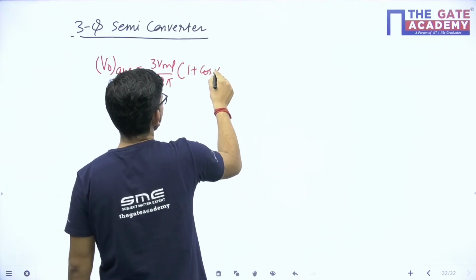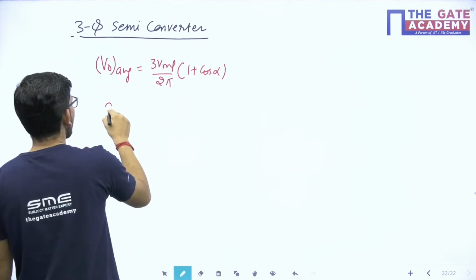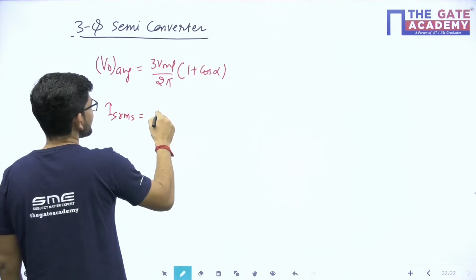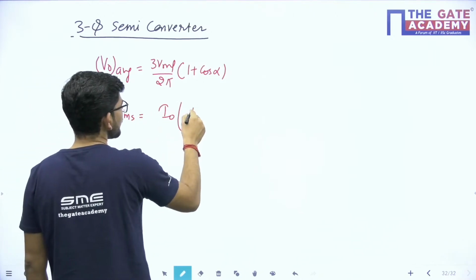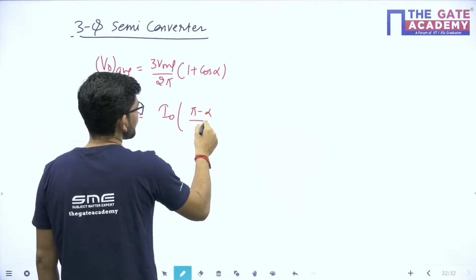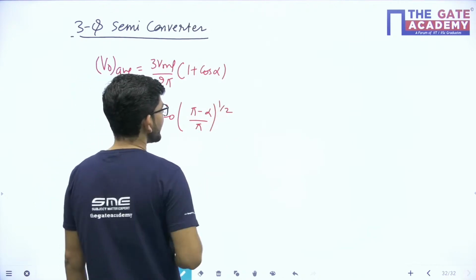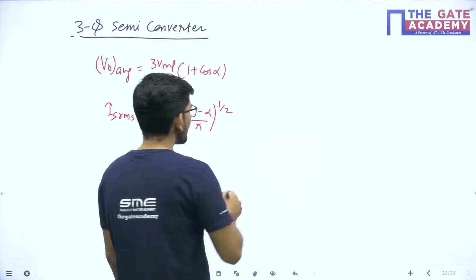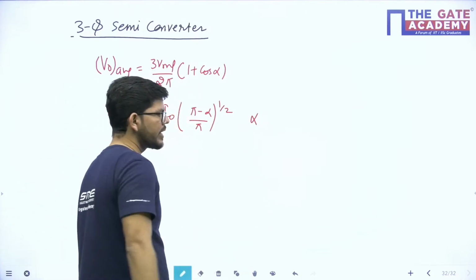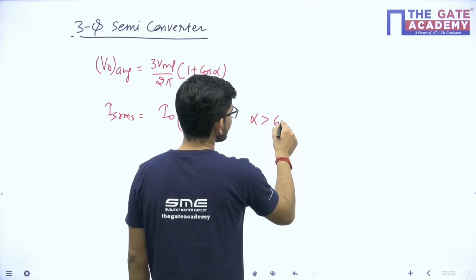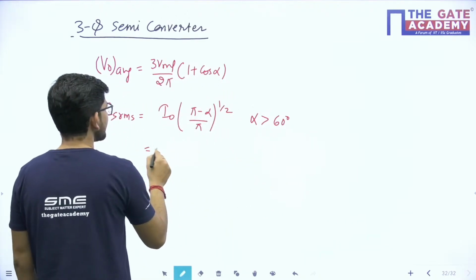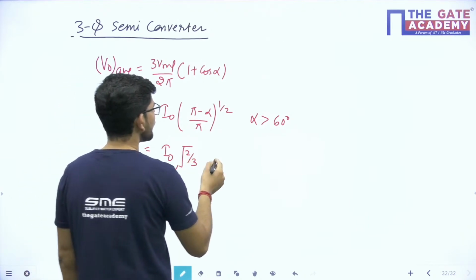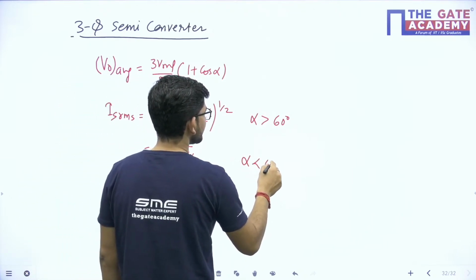This will be the average output voltage. In case of the RMS value of source current, we have two formulas. It equals I naught times ((pi minus alpha) upon pi) to the power 1 by 2, similar to the single phase semi converter case, when the value of alpha is greater than 60. But it equals the same formula that we obtained in the full converter, I naught under root 2 by 3, when alpha is less than 60.